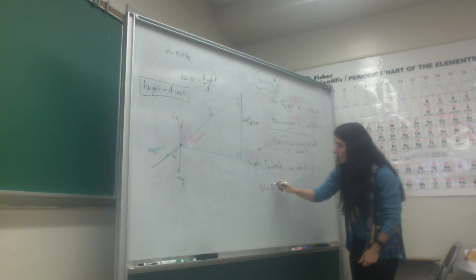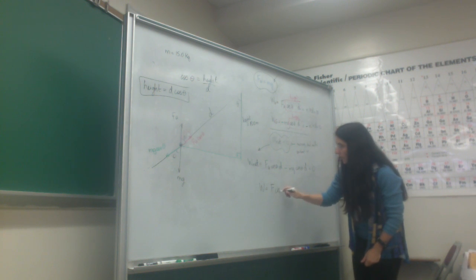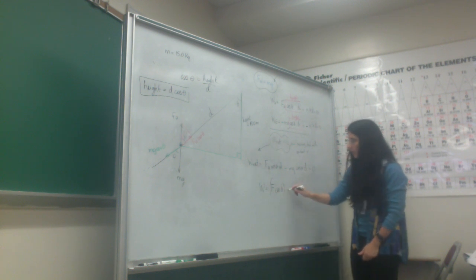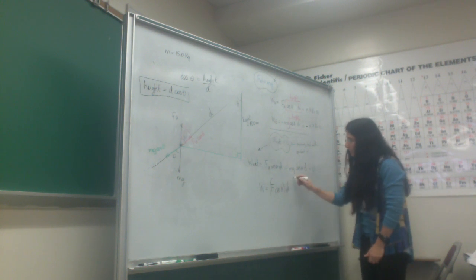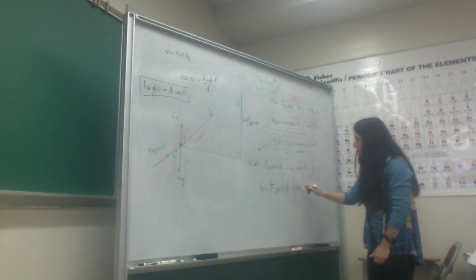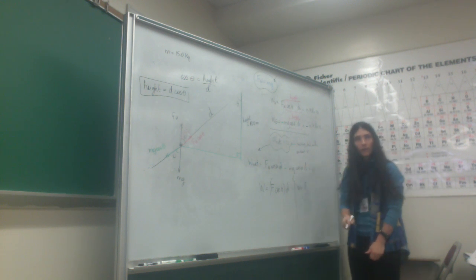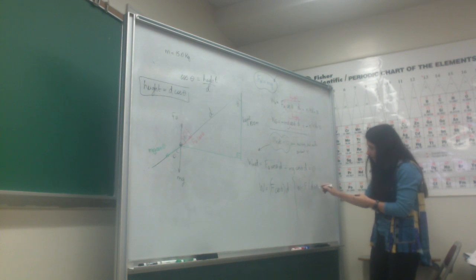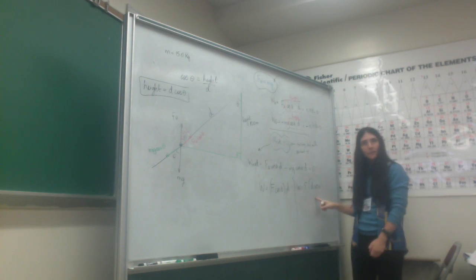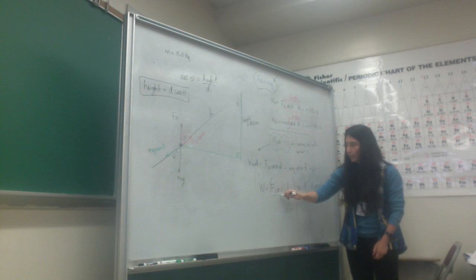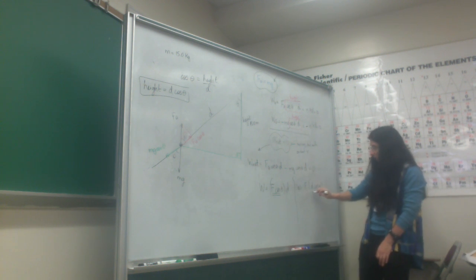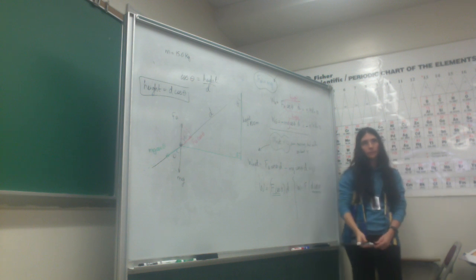I put the force cosine of theta, so I'm decomposing the force, multiplying the displacement. Or the work is the force, and now I decompose the d. It's the same thing. Either I decompose the force, I put the force cosine of theta, or I don't touch the force, I decompose the displacement.